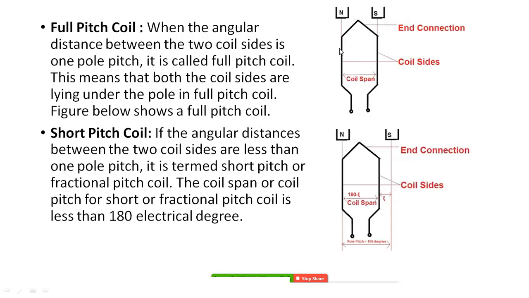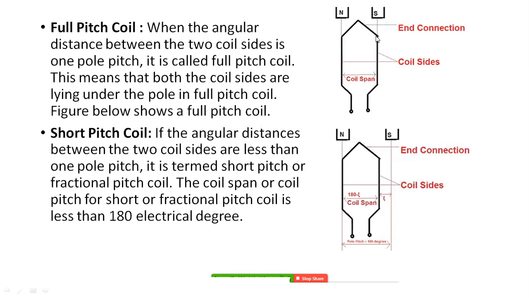This means the distance between the two sides of a coil must be equal to the distance between the north pole and the south pole, which is known as one pole pitch, and the coil is known as a full pitch coil. This means both coil sides are lying under the poles in a full pitch coil. Clear?